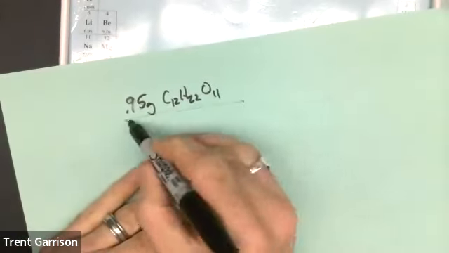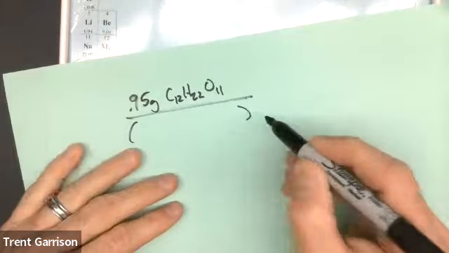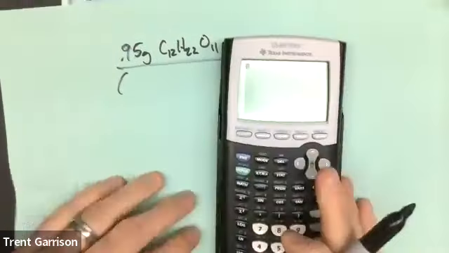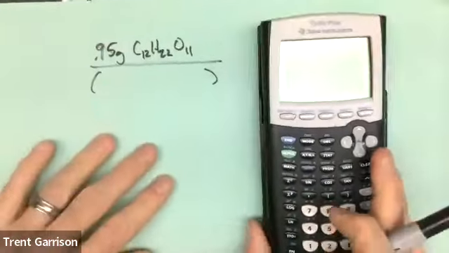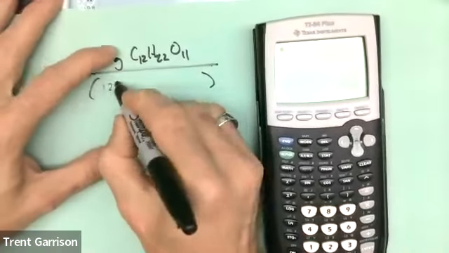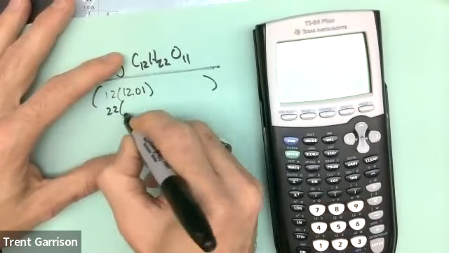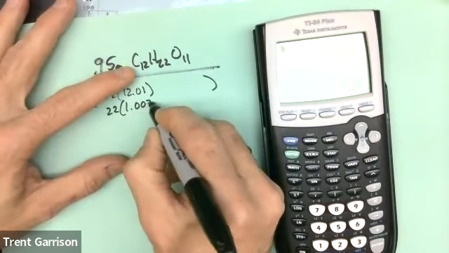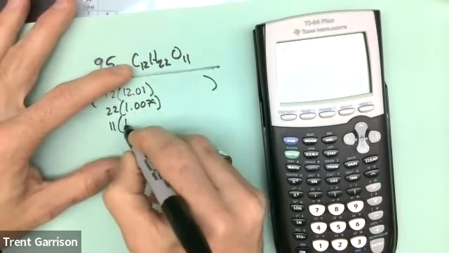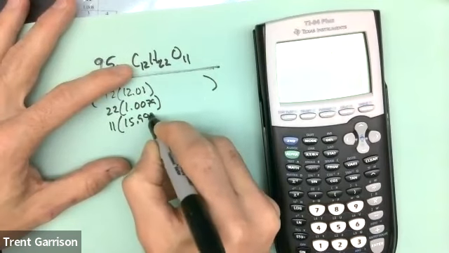And so what we're going to do is divide this by the weight of all those carbons, hydrogens, and oxygens. Carbons, there are 12 of them, and they each weigh 12.01. There are 22 hydrogens, they each weigh 1.0079, and there are 11 oxygens, which weigh 15.9994.